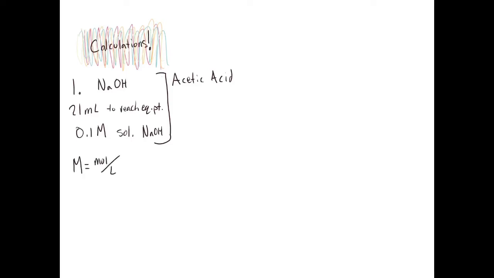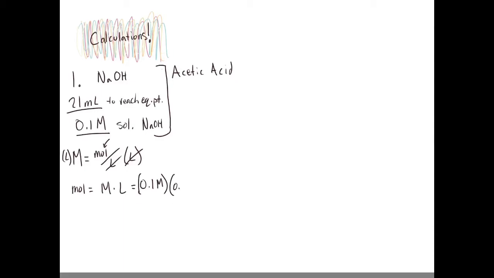Well, we can just rearrange our molarity equation, right? Molarity equals moles divided by liters. If we know our molarity and we know our liters, we can solve for just moles. Okay, rearranging our equation, molarity times liters equals moles. And that is equal to 0.1 molar times, and again, I just made up this volume of NaOH, 21 milliliters.